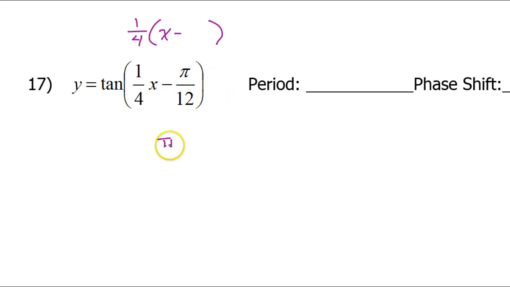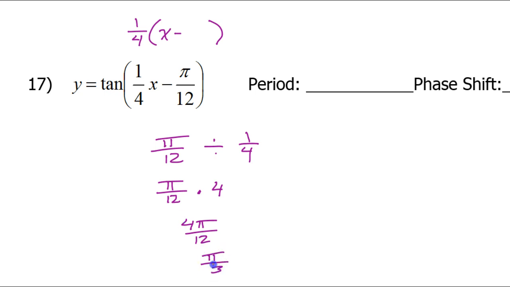So I need to take pi over 12, and I need to divide by 1/4. Well, that's pi over 12 times 4, because you multiply by the reciprocal. So that's 4 pi over 12. This reduces down to pi over 3. So this is going to be x minus pi over 3 right here.